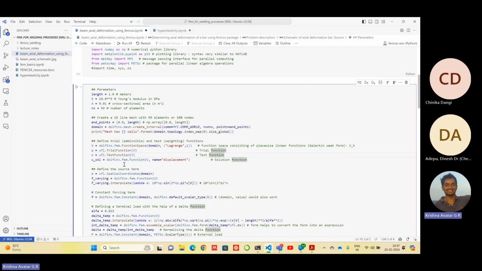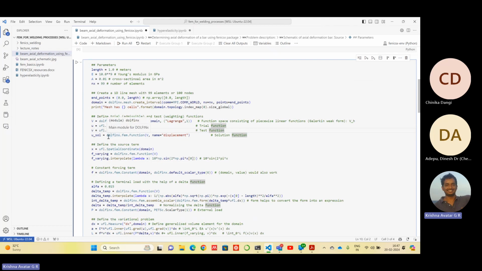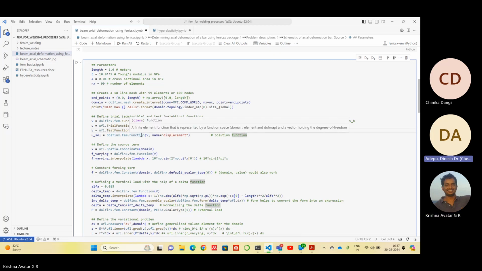And what we'll do is we'll also define the solution function, even if it's unknown right now, so that our solution will be stored in the u_sol variable. When you say u solution and give the same function space, we will interpolate and save in this u solution at the end, after getting the values at discrete points?